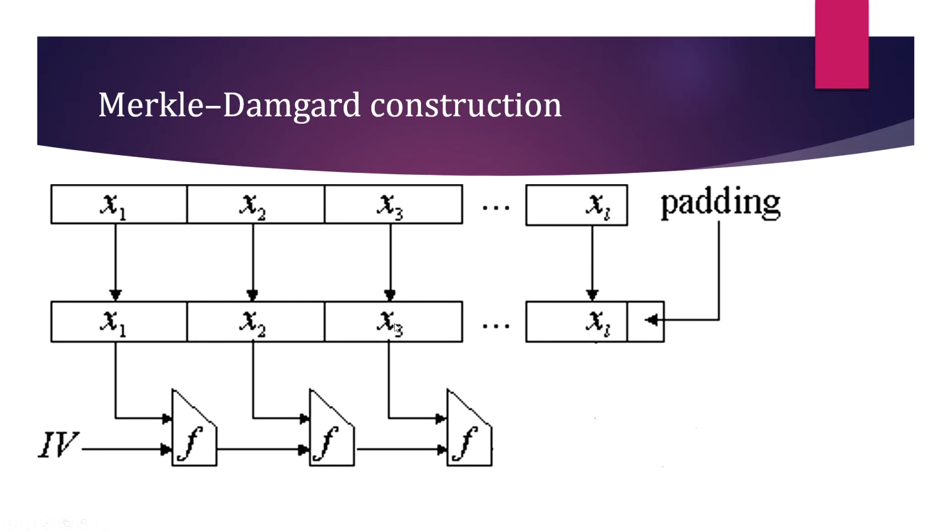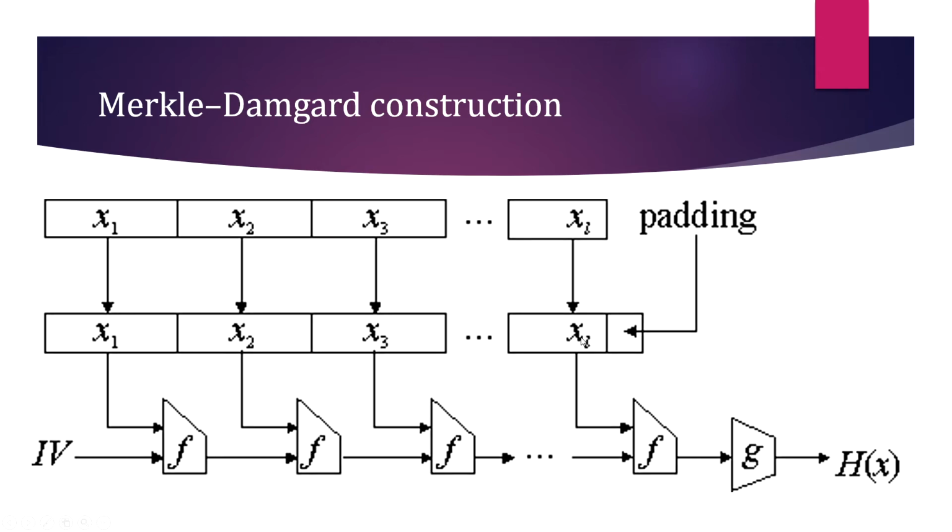Then the x3 block is used here. The x3 is also hashed and connected with the previous hashed values. Then likewise it goes to the last function, the last block, and in the last block it also adds the previous blocks with it and provides the output here.